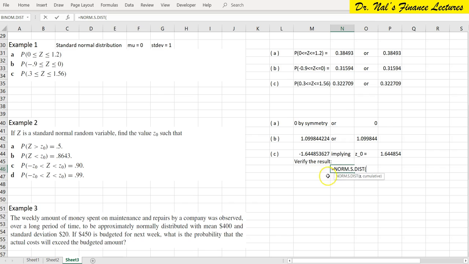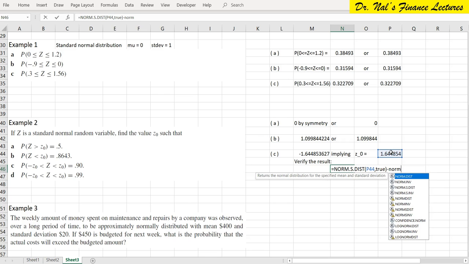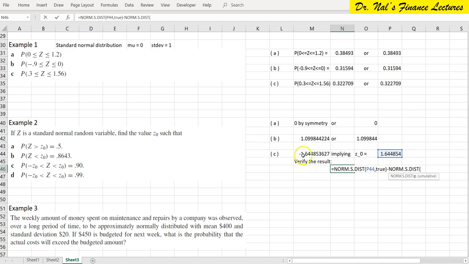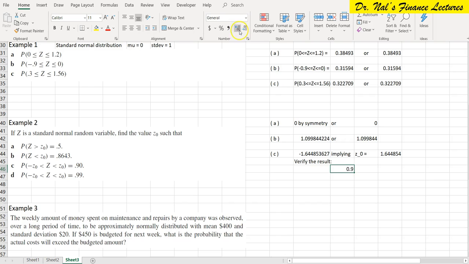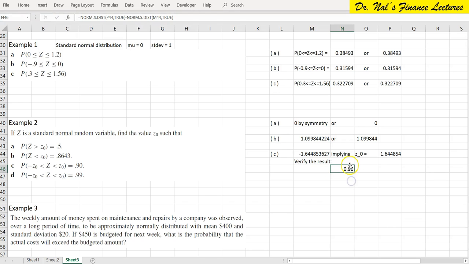This will report the probability. I want the probability between these two numbers: to the left of this number, subtract to the left of this. That will give you the range between them. So this true minus NORM.S.DIST to the left of this number, true. There you go. And 90% it is. So perfect. I hope that clarifies.